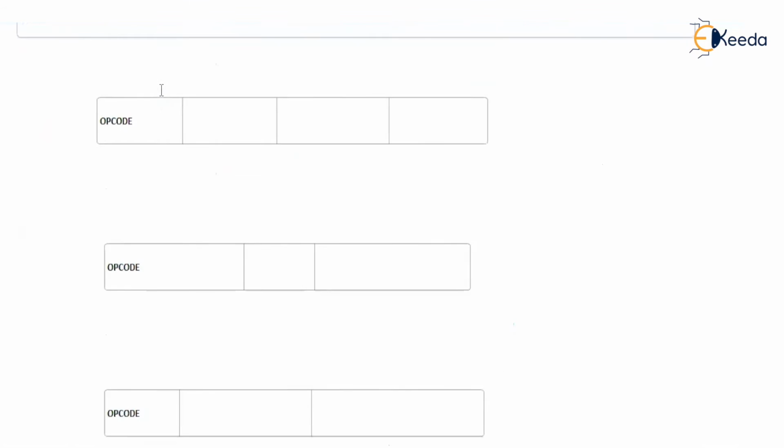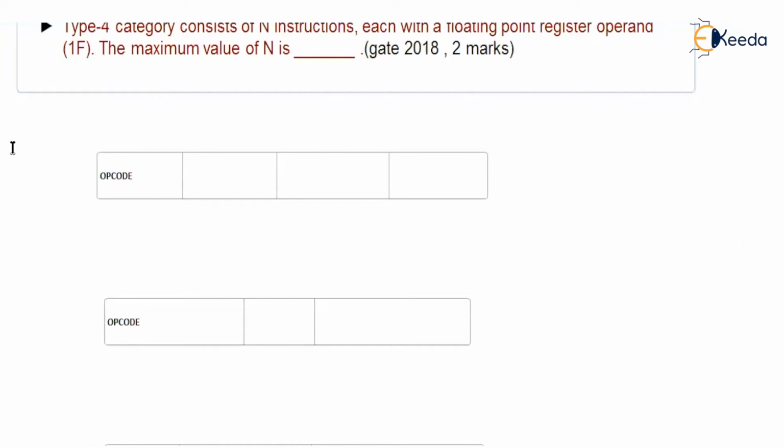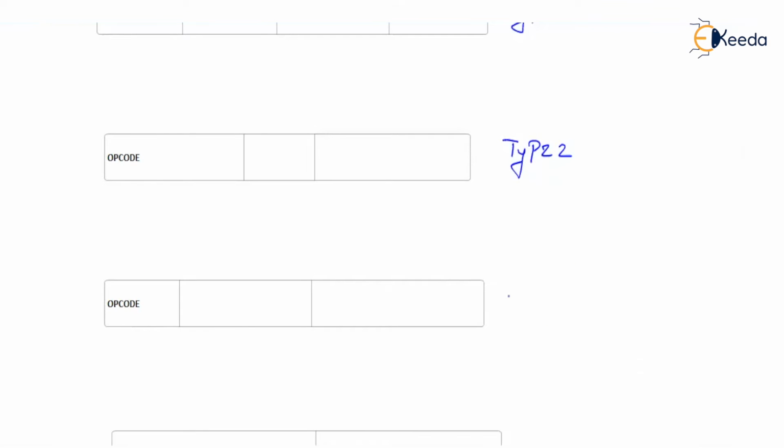There are 4 types of instructions. This is type 1, type 2, type 3, and type 4.